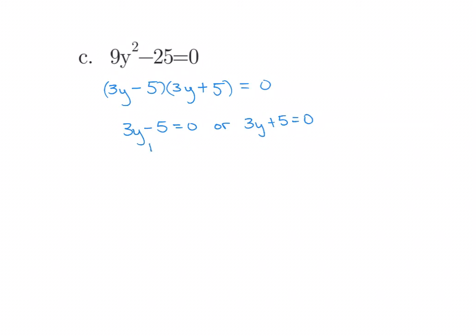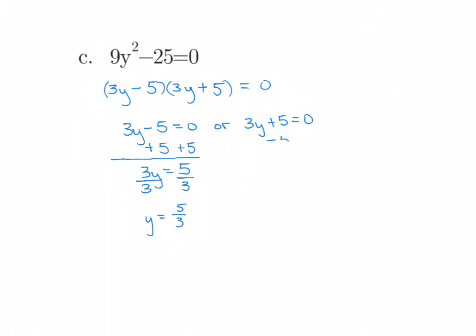So on each one of these, see the first one, we can add 5 to both sides. We get 3y equals 5. And then I can divide by 3. So we get y equals 5/3.